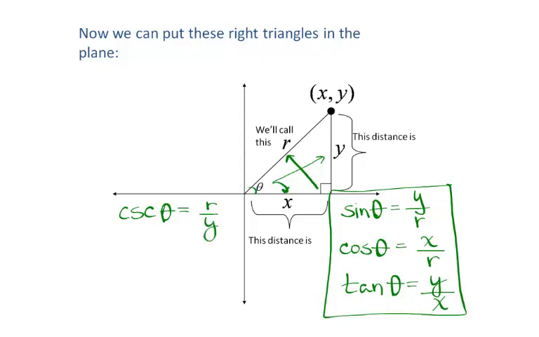So we know that's r over y. Secant is the reciprocal cofunction for cosine. That's r over x. And cotangent is the reciprocal cofunction to tangent. That's x over y. So there are the 6 basic trig functions put into the xy plane, because that's where we're going to live this year.